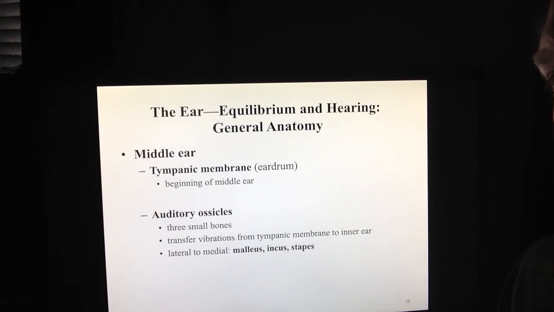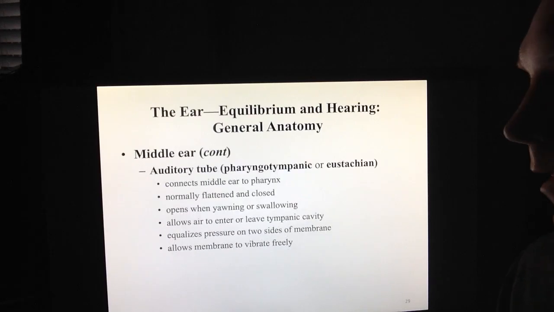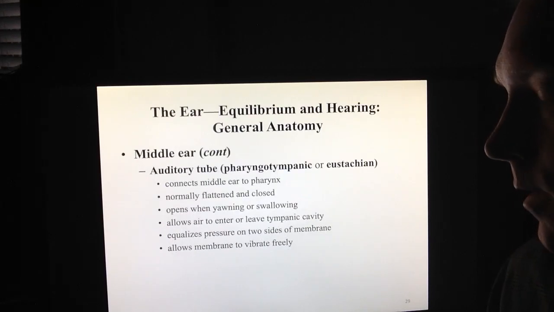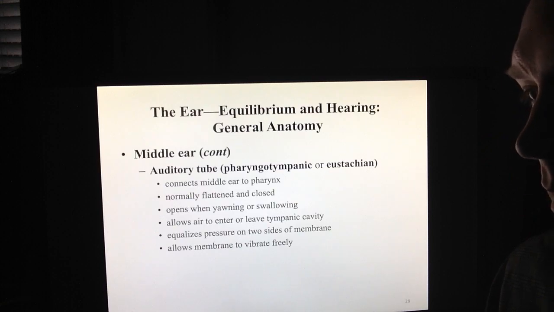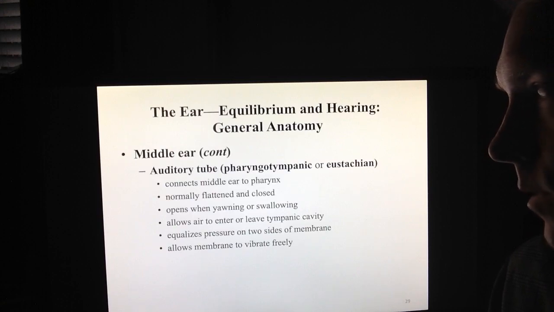Those are the ossicle bones, and they transfer the sound to the cochlea, vibrate the basilar membrane, and so on and so forth.